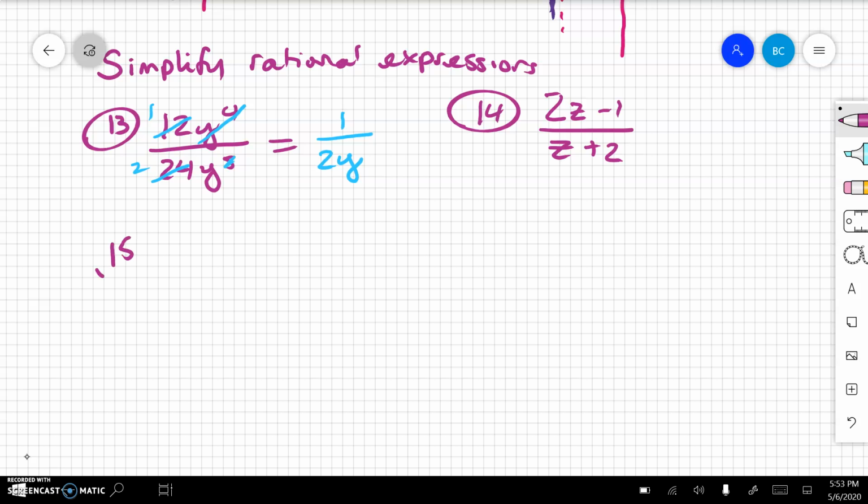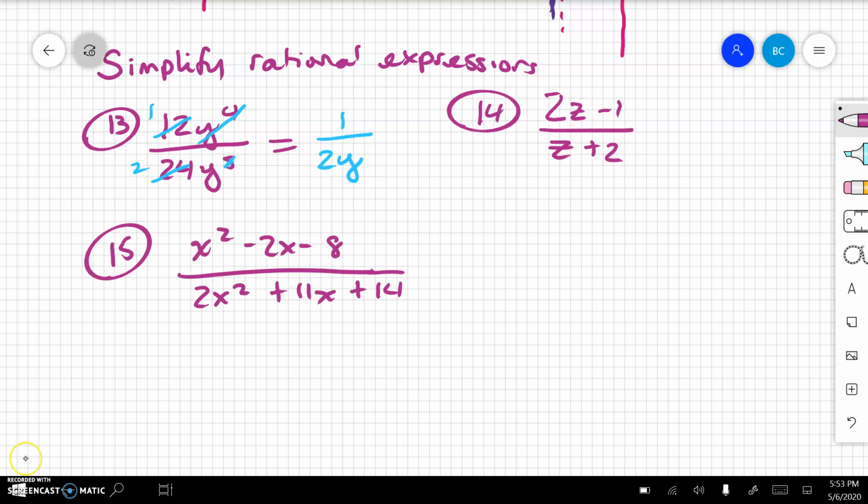On problem number 15, I actually have quite a few things I can do. So in the numerator, I know that I'm going to be able to factor this using a diamond, or many of you are going to be at the point right now where you recognize that that's x minus 4 times x plus 2. And then on the bottom, I can also factor that, and I don't have a greatest common factor, so I have to factor where a is not equal to 1.